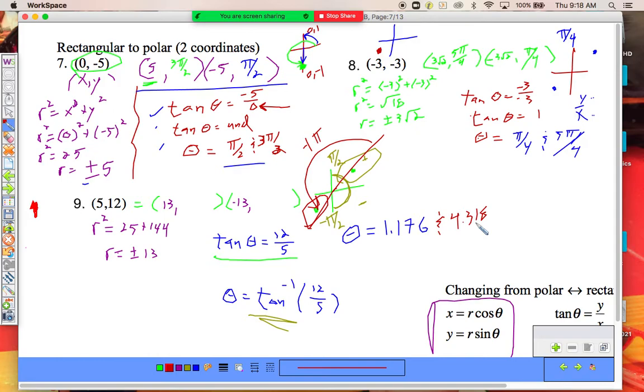Inverse tangent, when it spits out a positive answer, you're in the first quadrant. I need to get to the third, so I'm going to add pi to that answer and get my second. If it gives you a negative answer, you'd be in the second or in the fourth, and then you'd add pi to get to the second.